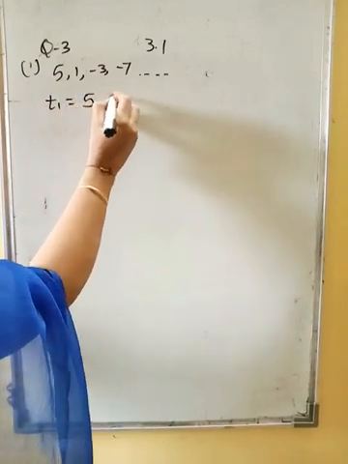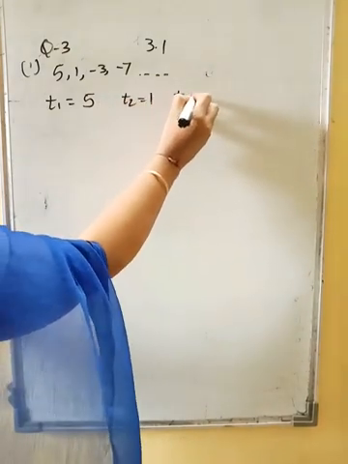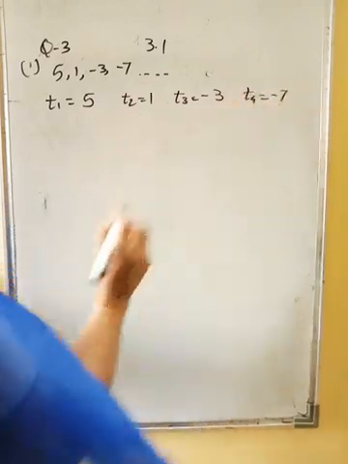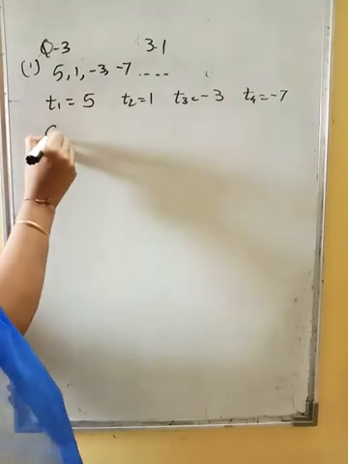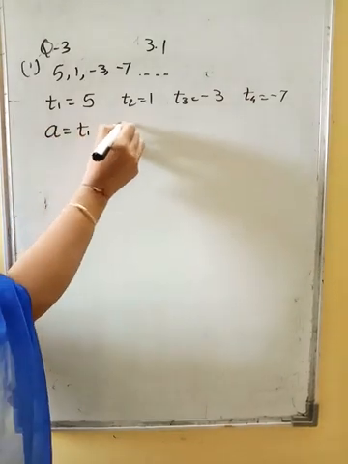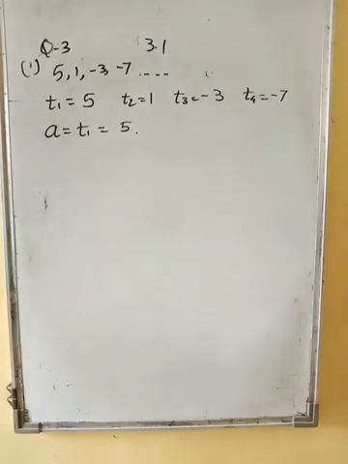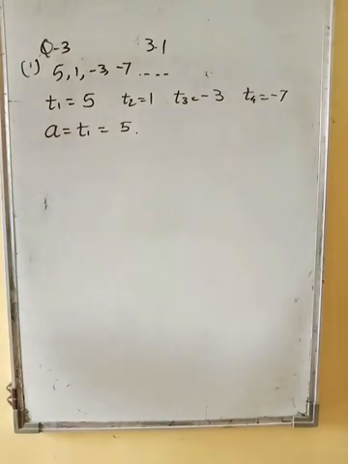T1 is 5, correct? T2 is 1, T3 is minus 3 and T4 is minus 7. All the 4 terms I have written. So what is A? A is nothing but T1. So what is it? 5. Correct? First term is nothing but A. First term has two names: T1 also we say and we say A also.